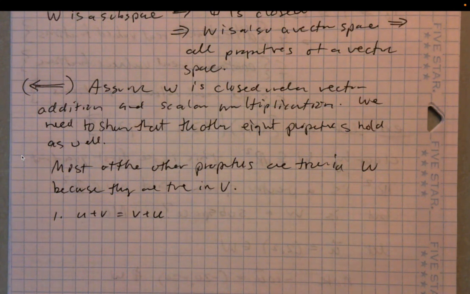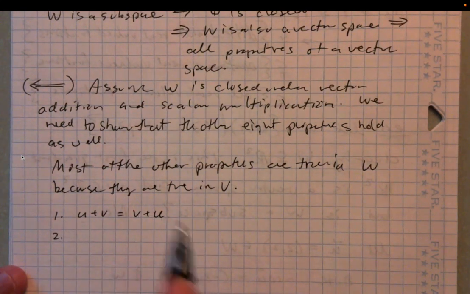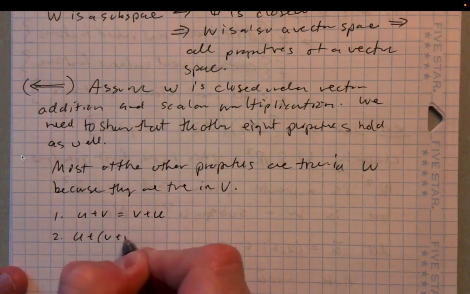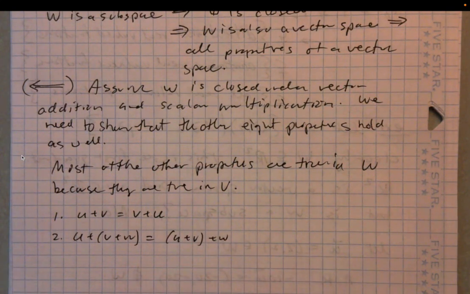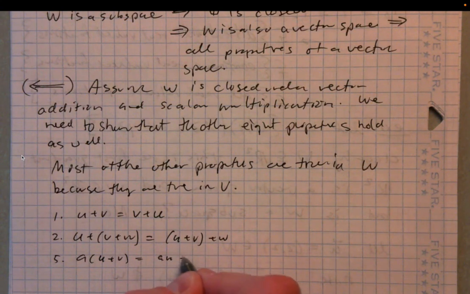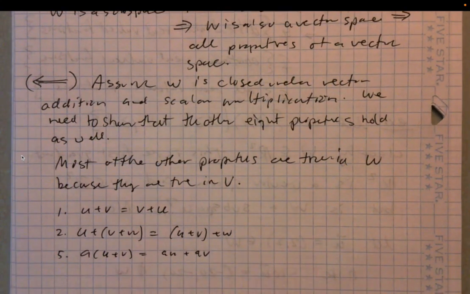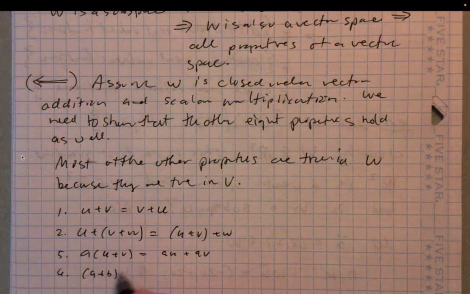Another one is u plus v plus w, the associative property. That one works. Again, same thing, we inherit these from the vector space V. V is a vector space. So property 5 we get for free. That's a times (u plus v) equals au plus av. We also get number 6 for free. That's (a plus b) times u equals au plus bu.